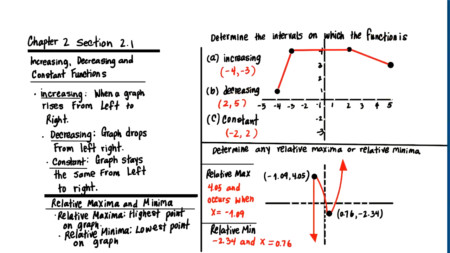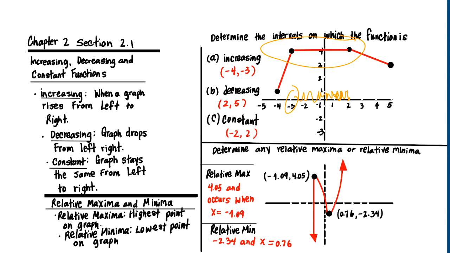Now constant, it stays the same from left to right. So I'm at -3. And then I walk down the street to the store because I need toilet paper because everyone took it for the coronavirus.